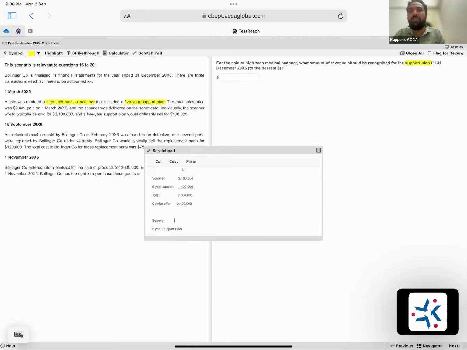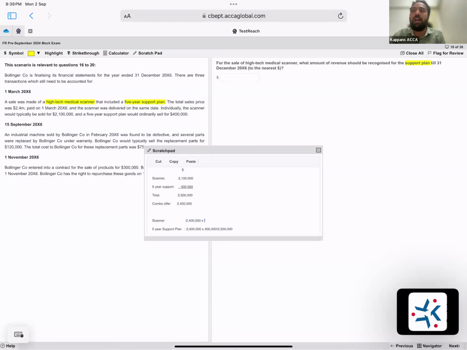So first we have to find out the transaction price of the scanner and of the 5-year support plan. The combo offer is 2.4 million. Out of that, the support plan is 400,000 out of 2.5 million. The split is like that. 2.4 million is the combo offer.